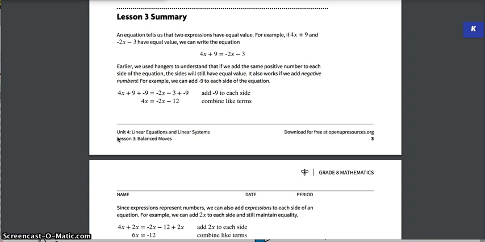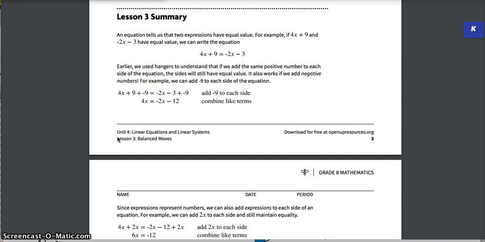So earlier in our lessons, we've looked at how to solve equations, and we've talked about what it looks like for a one-step equation to be solved. And then yesterday, you got to see the video on working with hangers and keeping the hangers balanced. And if you didn't notice at the time, those hangers really represent math equations.